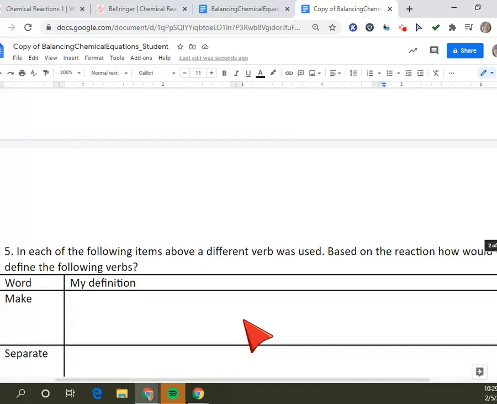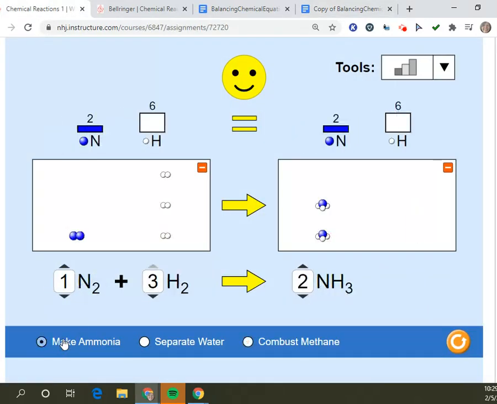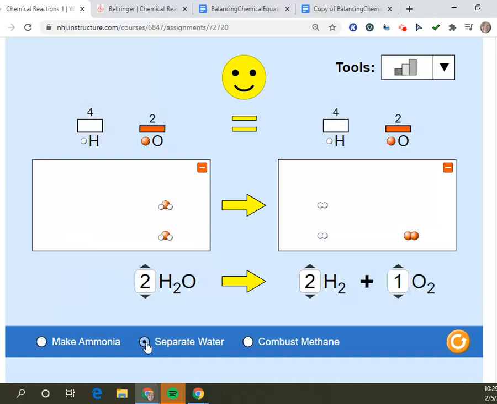But let's go on. The next part, you're thinking about those words. Make, separate, combust. We look at make ammonia. We had, like Cordell noticed, 2 elements that went together to make 1 compound. That's making. That's synthesis. That's combination. That's one kind of reaction. Separate water. We had 1 compound that fell apart into 2 smaller things, 2 less complex things.